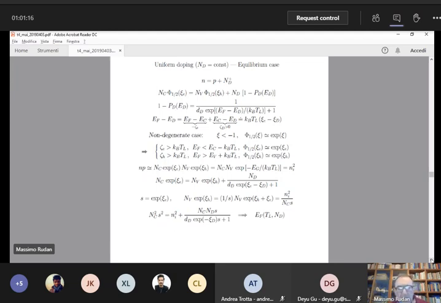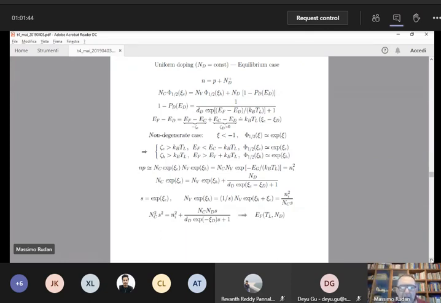After that, assume that somebody has done the numerical calculation for you. At this point, you may check whether it is still possible to approximate the Fermi integrals with exponentials. Okay, it may be possible or not.